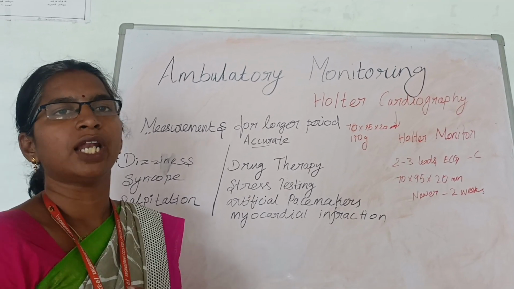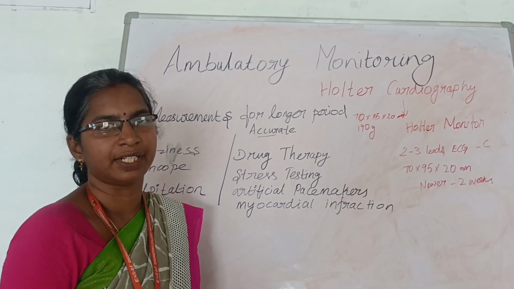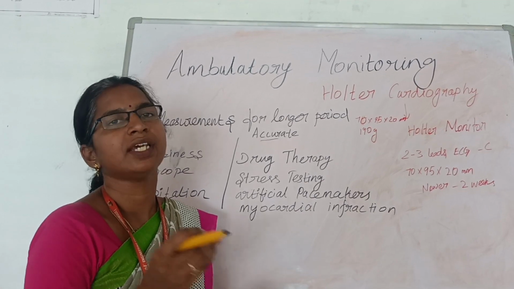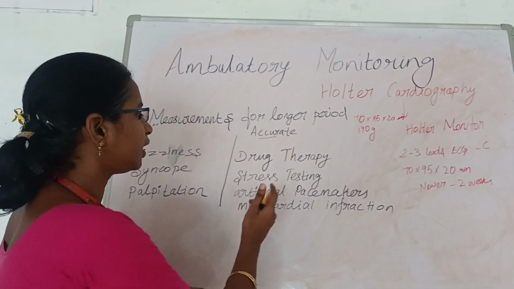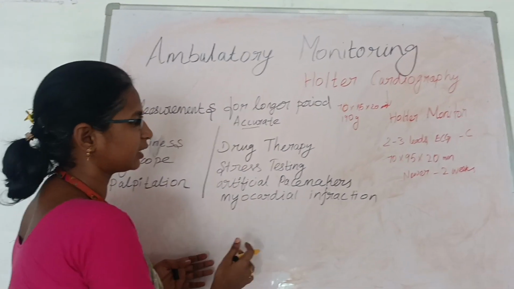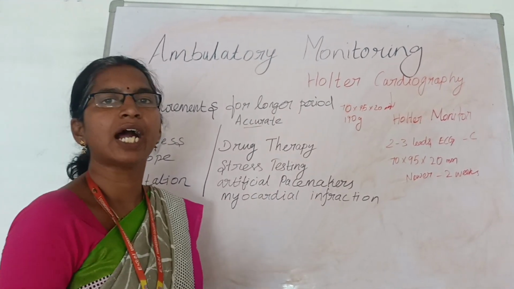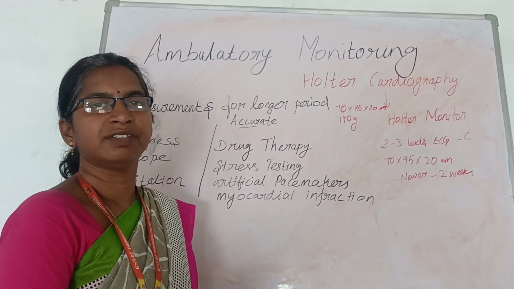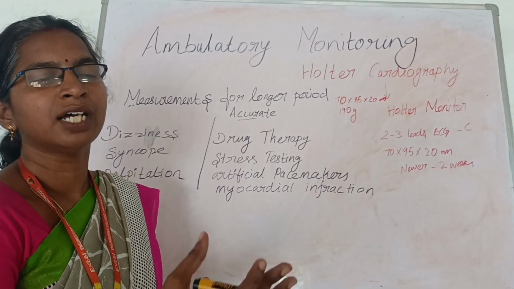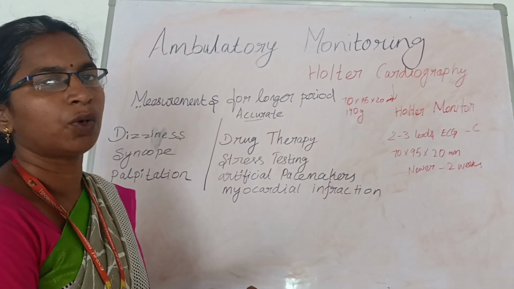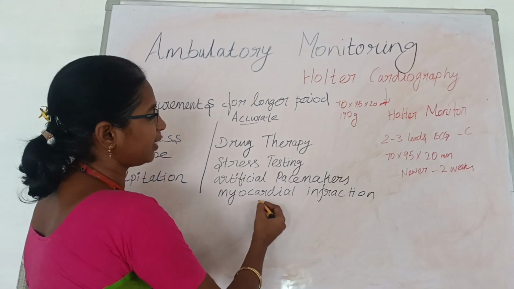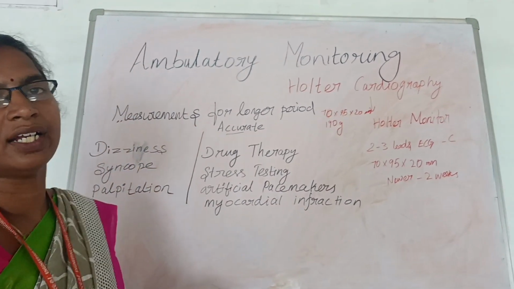Even though we allow them to be involved in routine activity, we still need to monitor them. For that purpose, the ambulatory monitoring system will be used. And myocardial infarction, which is related to heart block: whatever problem occurs in your heart muscle will be identified as a myocardial infarction.